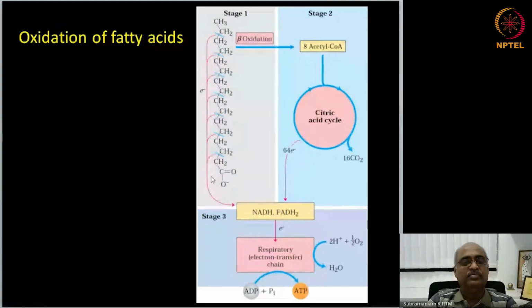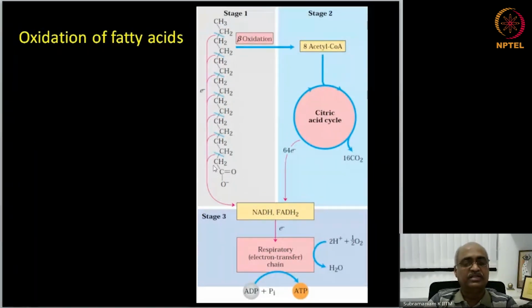But the conventional notation is alpha, beta and gamma and so on. Regardless of the length, the last one is always called omega. So when you say omega-3 unsaturated fatty acid, what you mean is omega 1, 2, 3 and a double bond here.